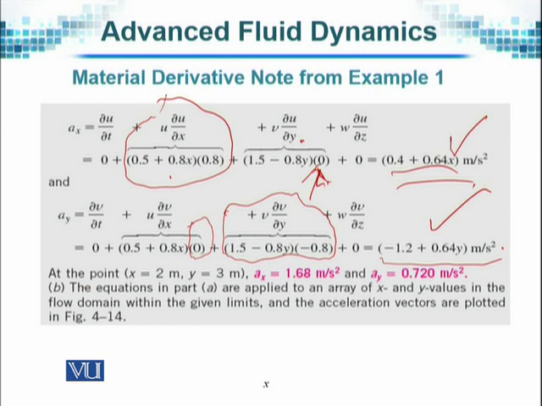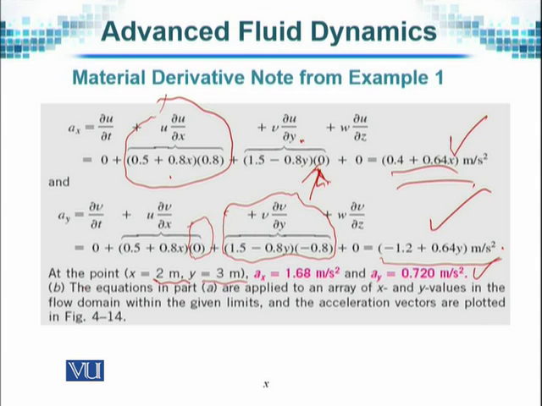Therefore, at a given value of x and y, for example at x equal to 2 meters and y equal to 3 meters, ax, the acceleration in the x direction, will be 1.68 meters per second squared, and the acceleration in the y direction will be 0.72 meters per second squared. Similarly, these equations can be evaluated for the other components also.